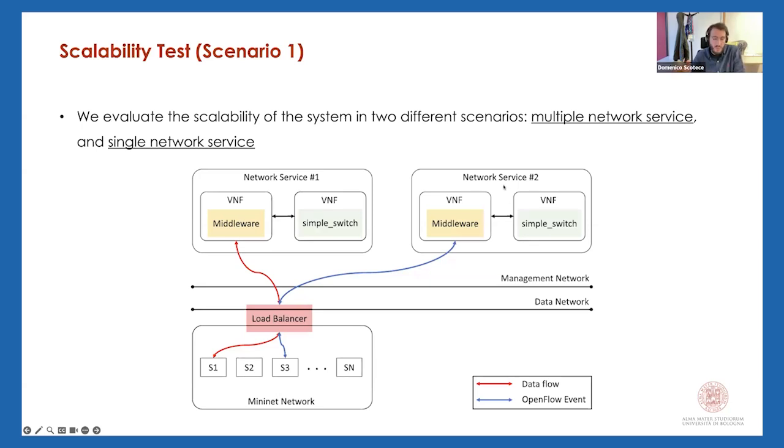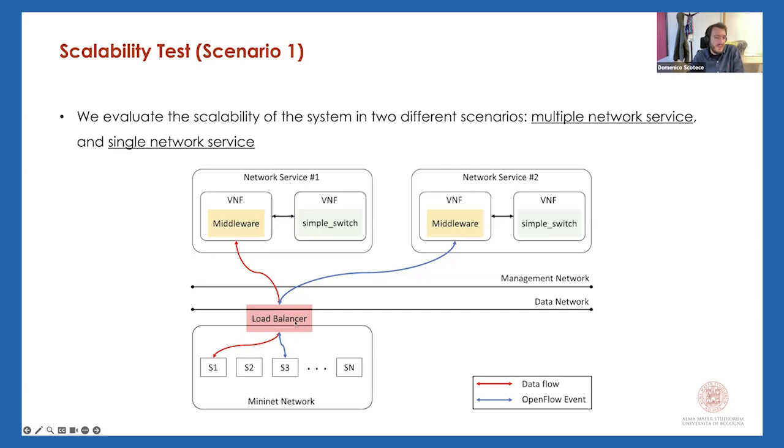Network service 2 is a copy, a new deployment of the same network service, composed of a middleware and a single routing. So here, scalability means that you have the entire replication of the SDN, also microservice based, but the entire SDN system.